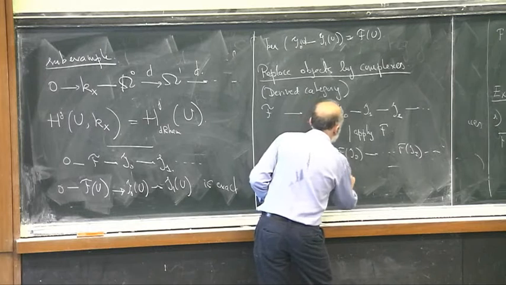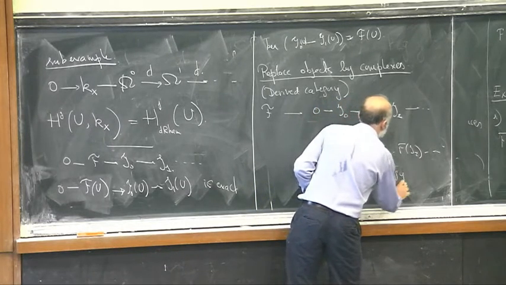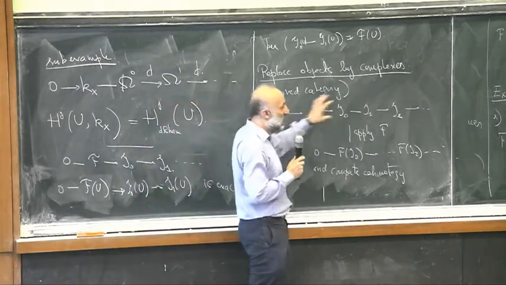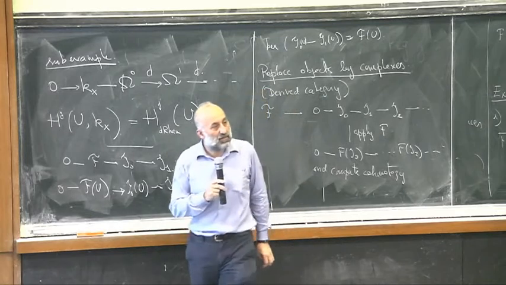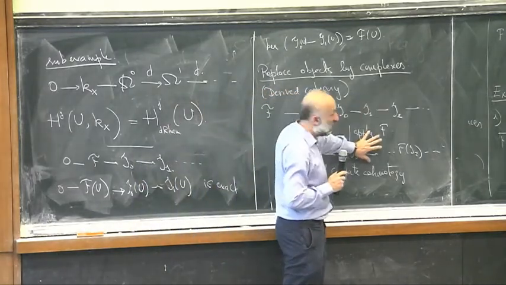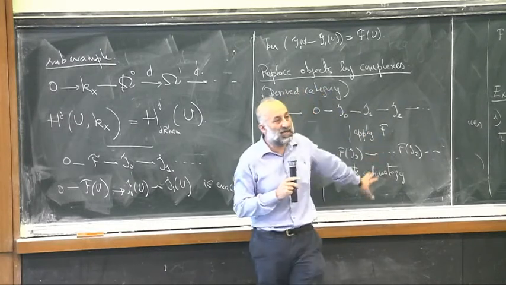And compute cohomology. So you're actually doing two different operations. One is to replace f by this resolution. So you're replacing f by a complex and apply f. That's one operation. And the second operation is that you're taking the cohomology of this.